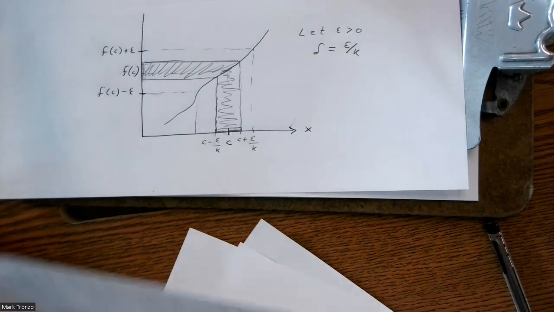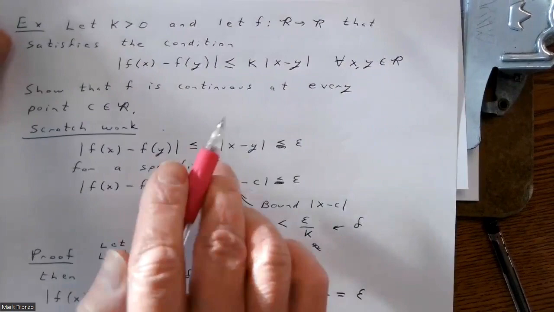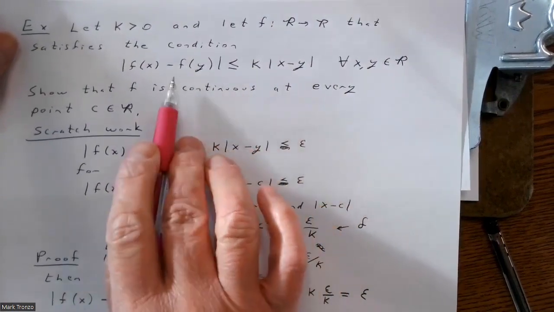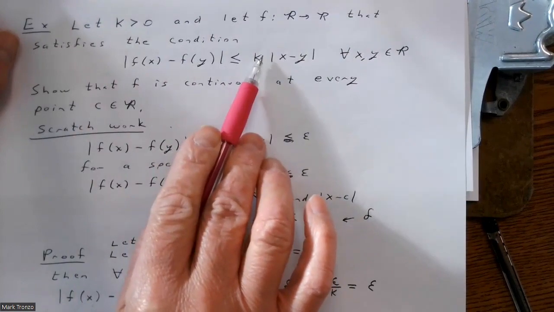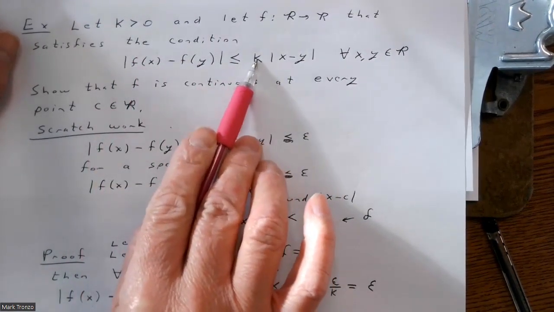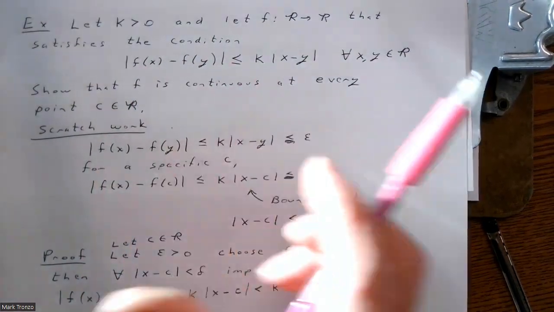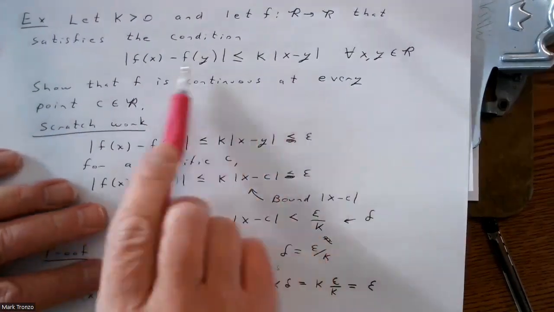And so in this case here, because we were given this criteria, and like I said, sometimes it's called a contraction. If K is less than 1, it's kind of contracting what you're originally putting in.